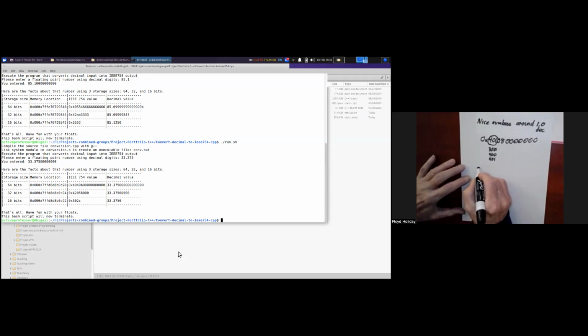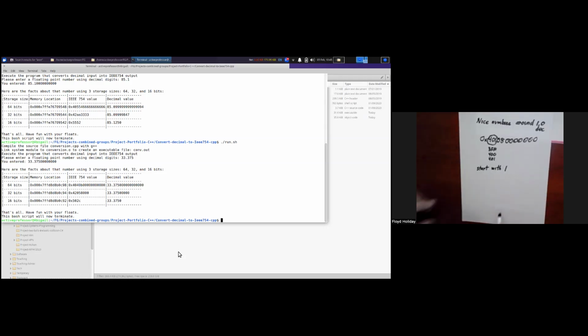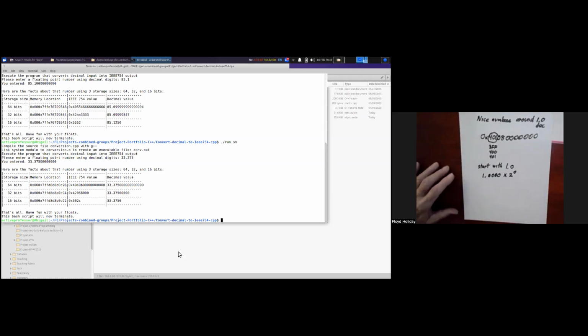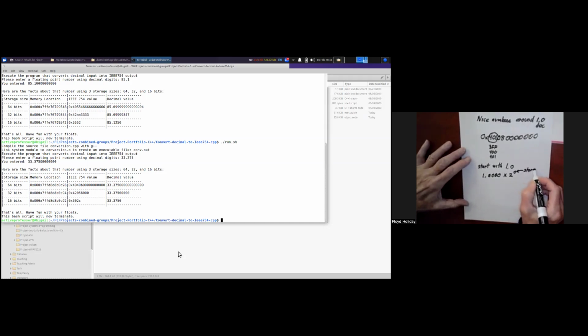Okay. So we start with 1, just 1.0. This is real easy. We want to convert it to binary form. It's 1.0000 times 2 to the 0. Stored exponent. Base number. Mantissa.